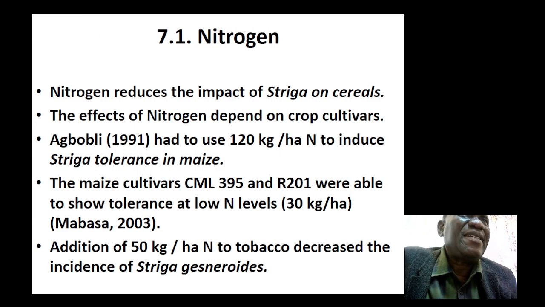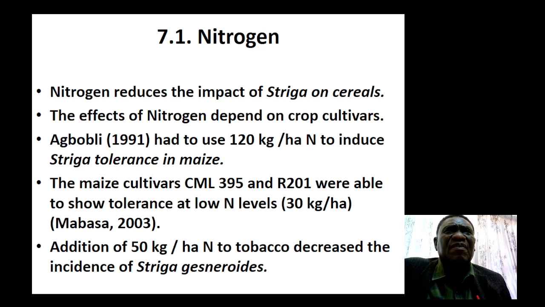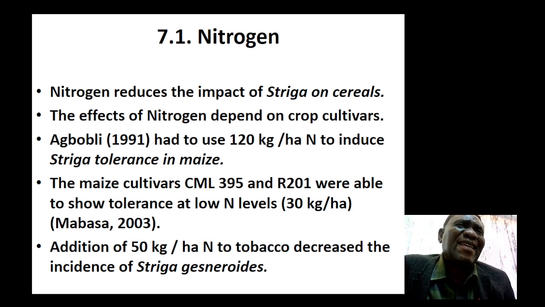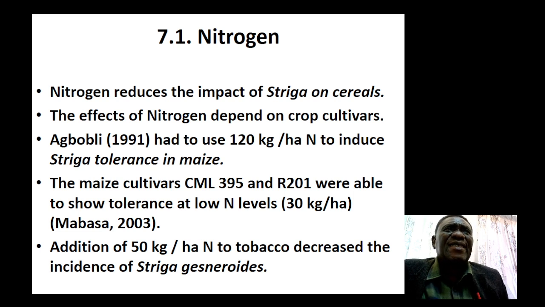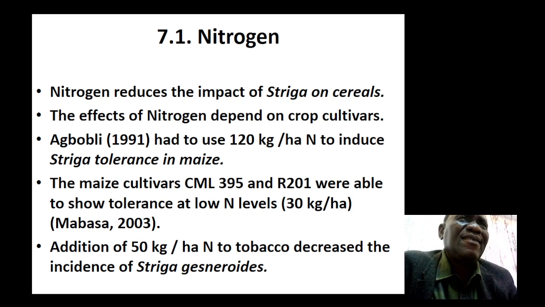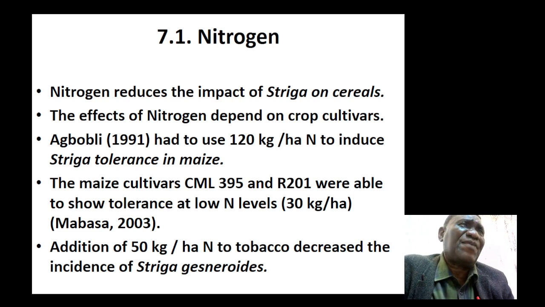Nitrogen management or fertilizer. For a long time, it has been known that poor soils are associated with the striga. So nitrogen can reduce the impact of striga on cereals, but the effects of nitrogen depend on crop cultivars.